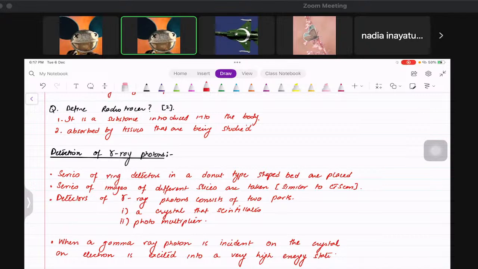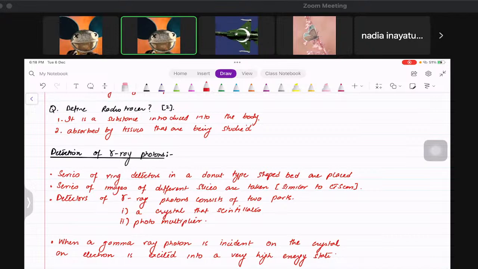As the electron travels through the crystal, it loses energy and excites more electrons. So it's basically losing energy to the electrons nearby.